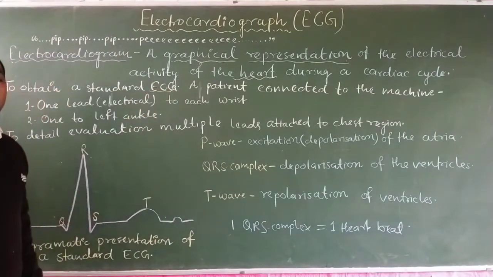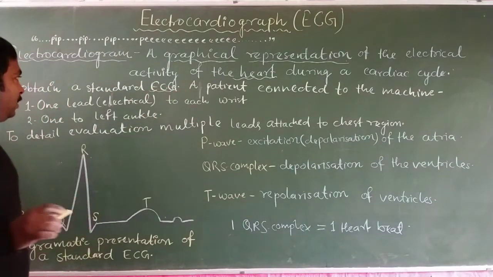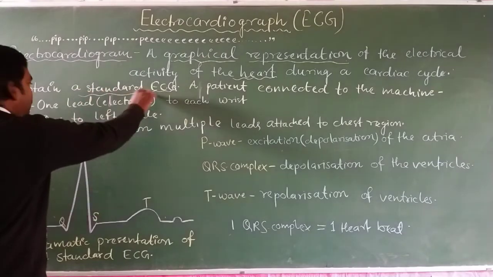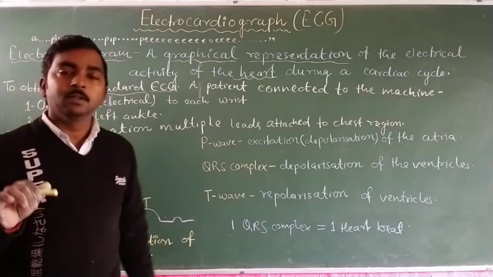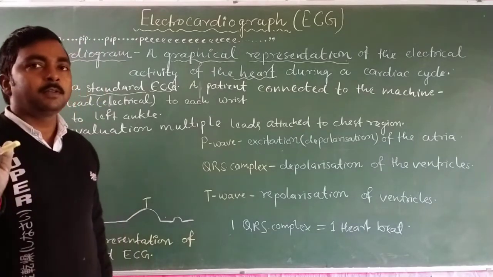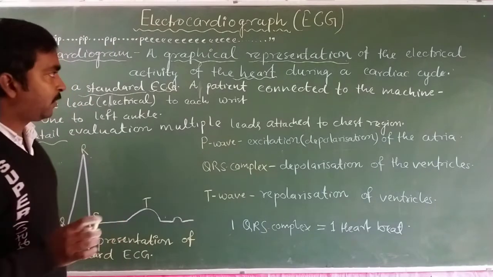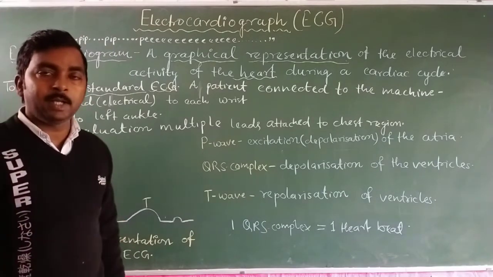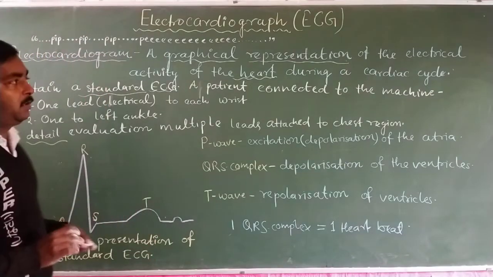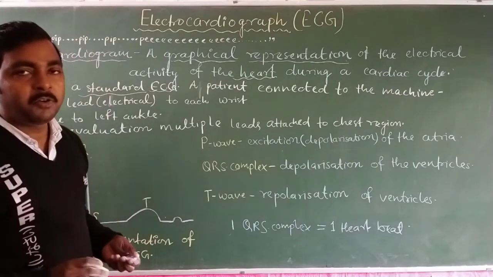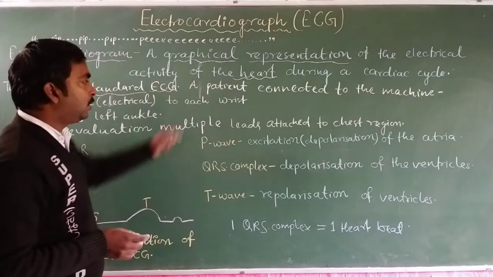ECG can be categorized into two categories: a standard ECG and a detailed ECG. In this video lecture we will only discuss the standard ECG, which is common for diagnosing a number of heart abnormalities in patients.